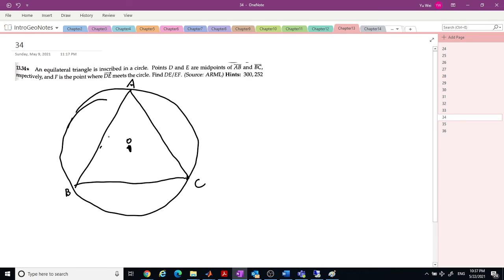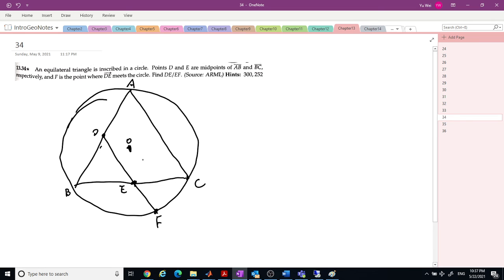Okay, then we have the midpoint of D and E. Connect to the point F. Okay, so we want DE to meet the circle, and we want to calculate DE over EF.